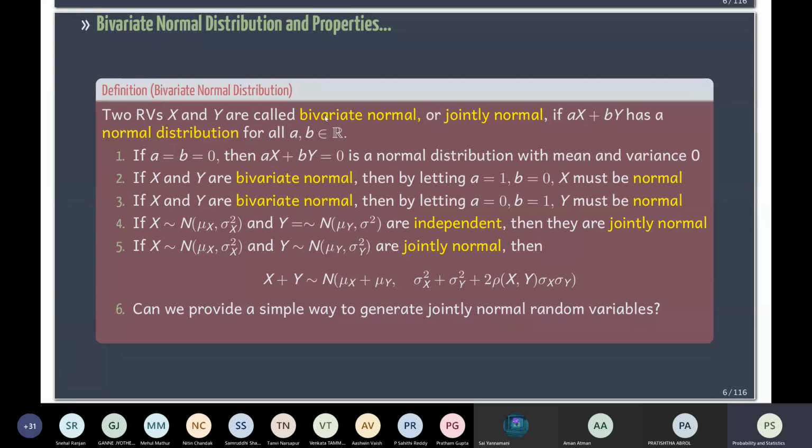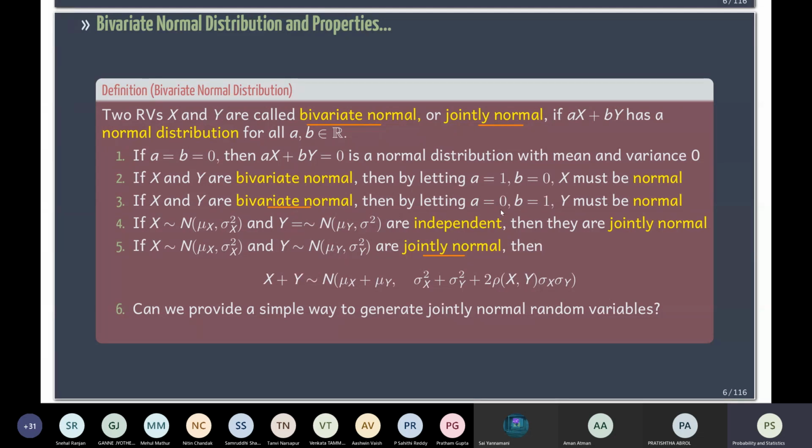Right now we are saying when they are jointly normal, what are the things we expect? Everywhere we are saying, okay, if they are jointly normal, then x plus y will look like this. If they are jointly normal or bivariate normal, both are the same word, right? Bivariate normal, jointly normal, same thing.